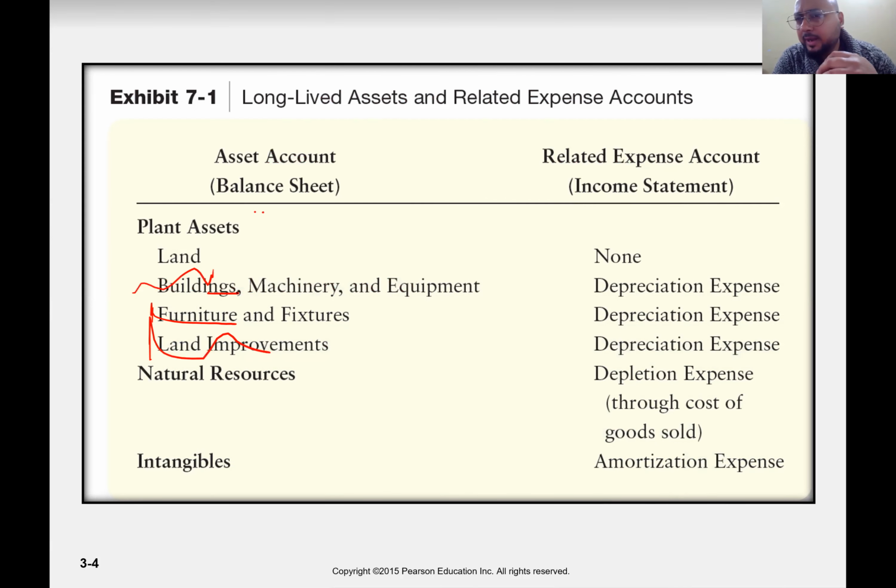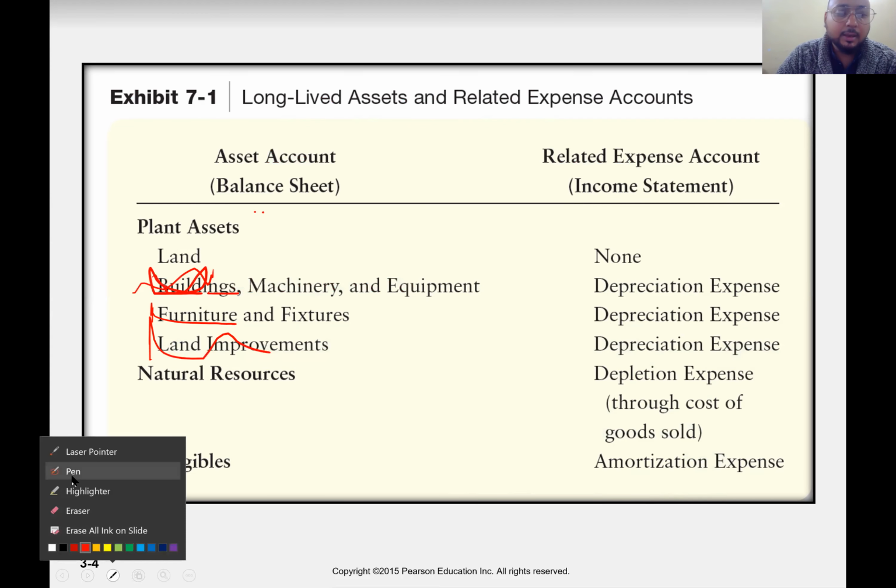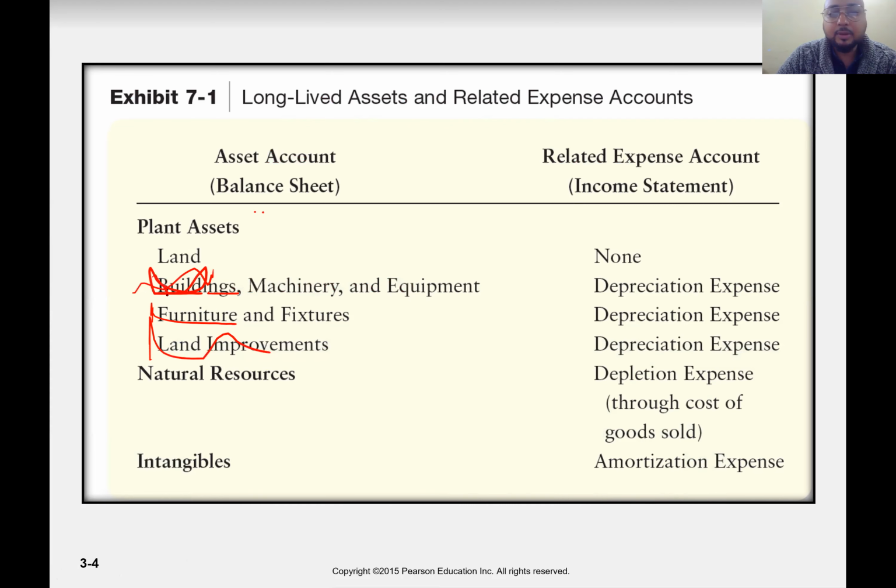So we'll talk about what land improvements are. Land improvements are, for example, when you purchase a land and you build a fence around the land. Of course, the fencing around the land has a useful life of more than 1 year, so we call this land improvement.